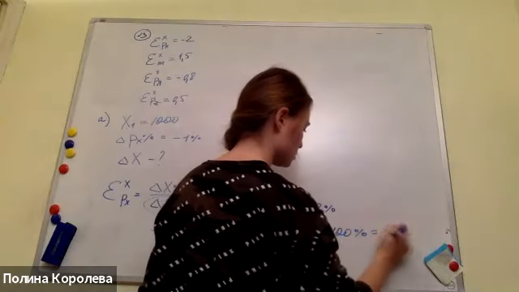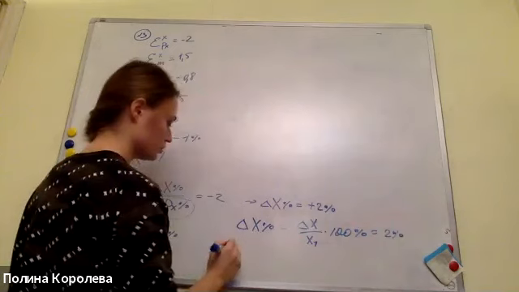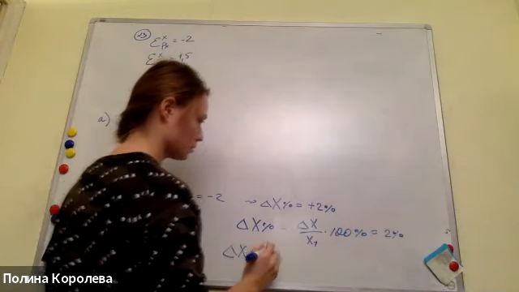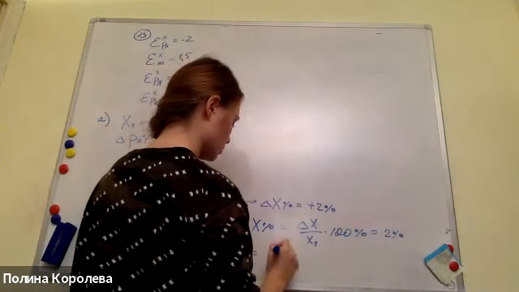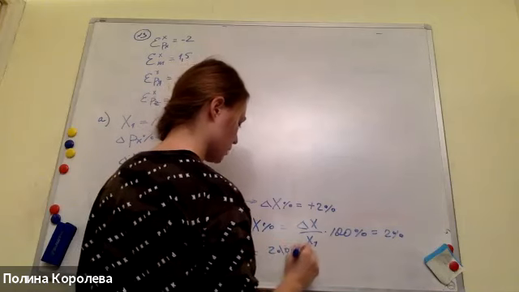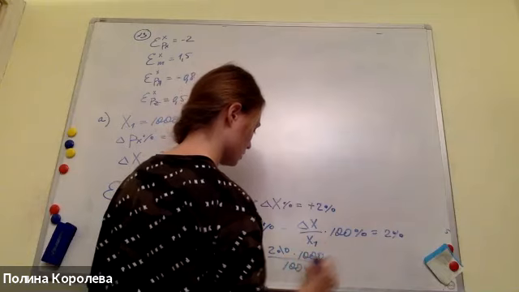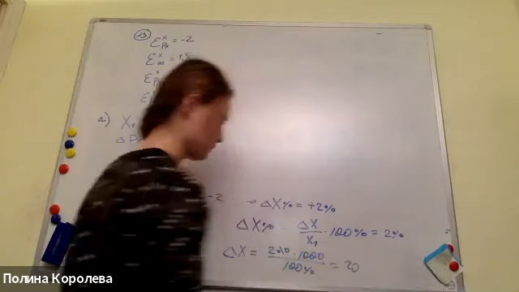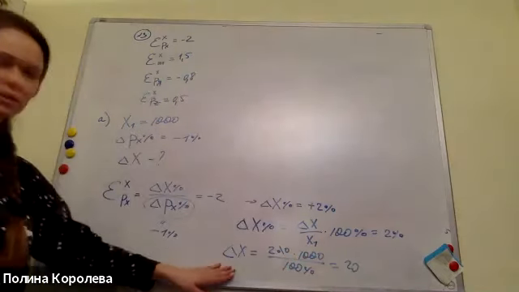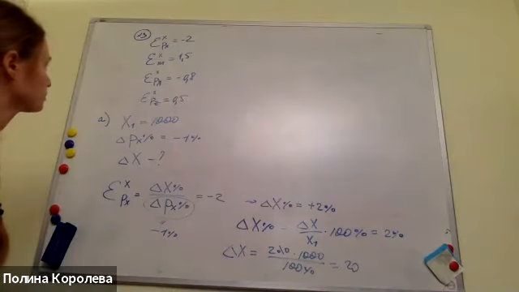And we know that it is equal to 2%. So change in X equals 2% multiplied by 1,000 over 100%. And this is 20. Yes, the change is 20 units.